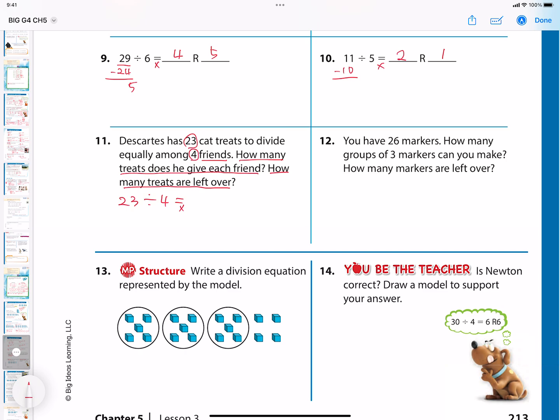So 4 times what number is closer to 23 but not greater? That's what they're saying, right? So 4 times 5 is 20. What's the difference? 3. So the remainder is 3. So each friend will get 5 treats and then 3 treats left over.